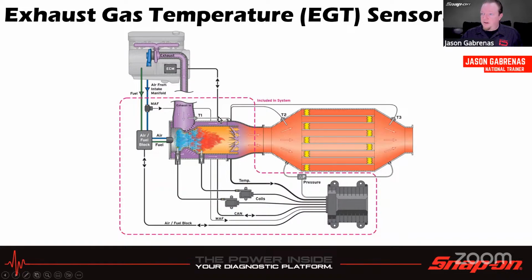There needs to be 2 different EGTs at least, if not more, just so it reads what's going on before and after everything happens. So that's these T1, T2, and T3, the temperatures. And then we need the pressure sensor as well. Most use 3 sensors. One's going to be between the turbo and the diesel oxidation catalyst. It's used for comparison to the diesel oxidation catalyst outlet to see if it lights when dosed with fuel. If it's the same temperature here as it is over here, then I know it's not lighting up the fuel.